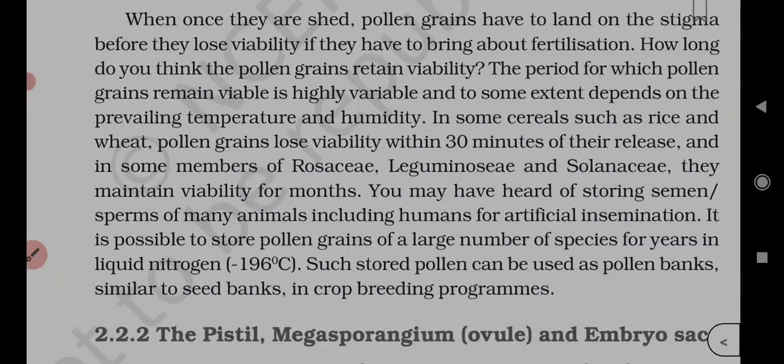Attractants and rewards are required for entomophily, where insect pollination takes place. Entomophily is the most common type of zoophily, where pollination takes place through the agency of insects.